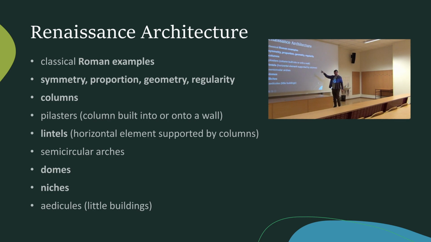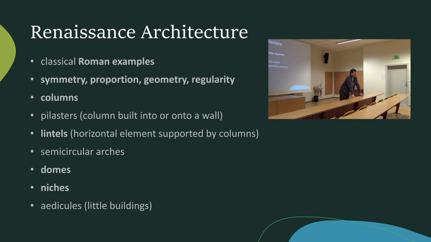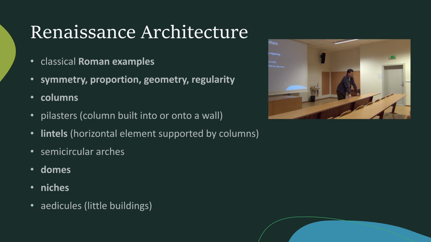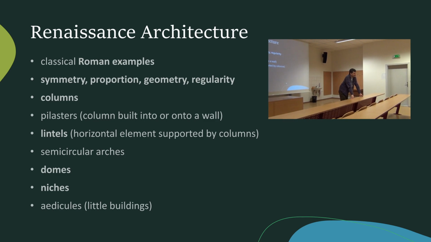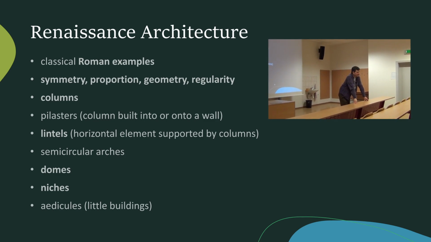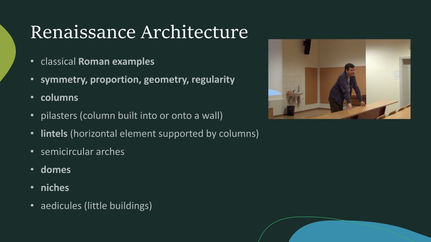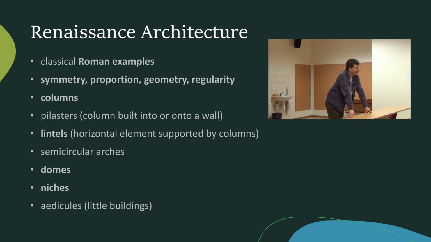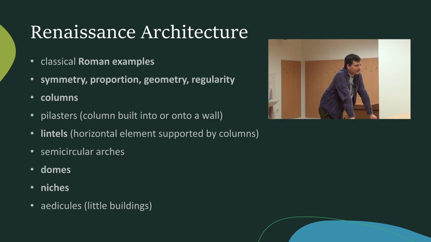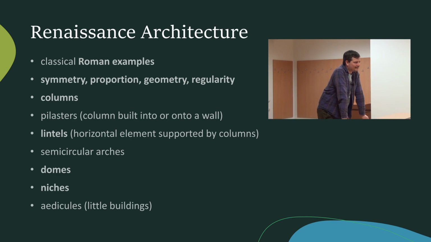Now, columns are still extremely important. If you remember, Gothic architecture and Romanesque style were also very much buildings full of columns. But here, columns get a completely different level. These guys are going to be obsessed with columns.